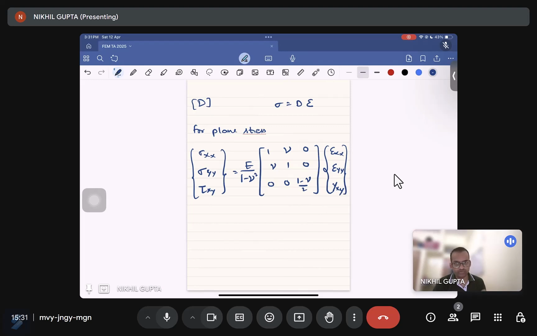So this you have done in class. Similarly, one more thing which you have done in class for plane strain. What you get in plane strain is sigma xx, sigma yy, tau xy, and the D value changes like this.